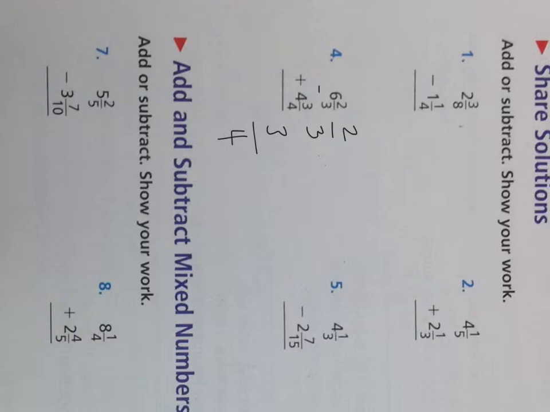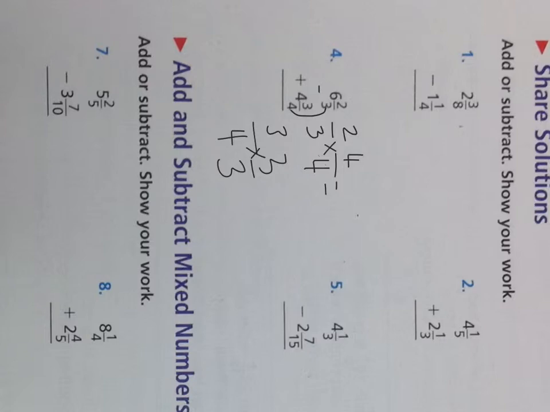But if you know your facts, you can just multiply them by the opposite. So I'm going to multiply 2/3 times 4, because that's my opposite denominator. Whatever you do to the top, you need to do to the bottom. So the opposite of 4 is 3, so we're going to multiply by 3. So I just multiplied the denominator by the opposite denominator.